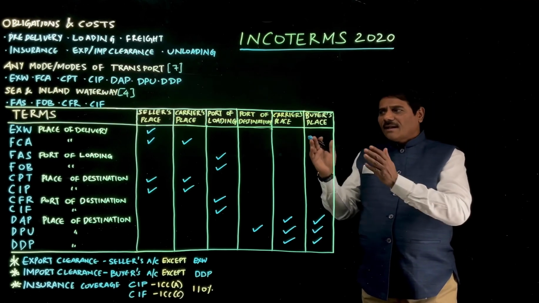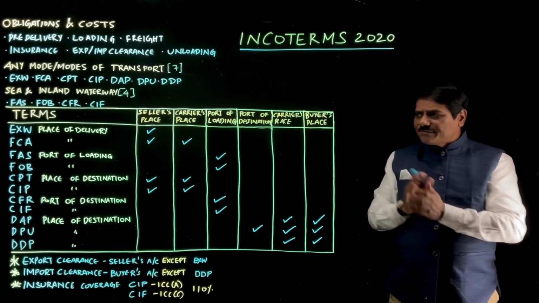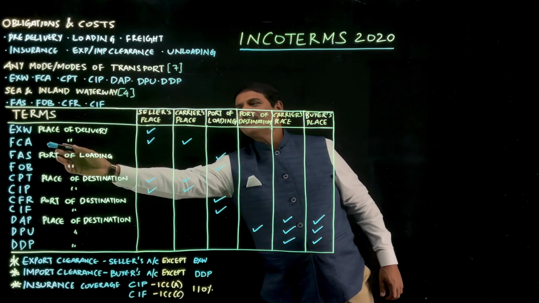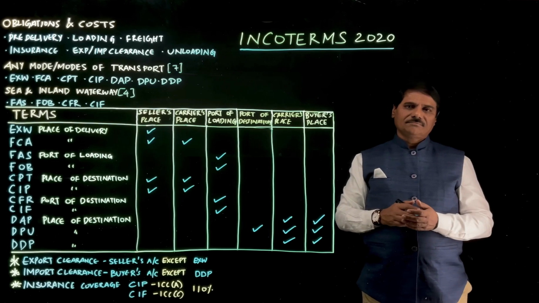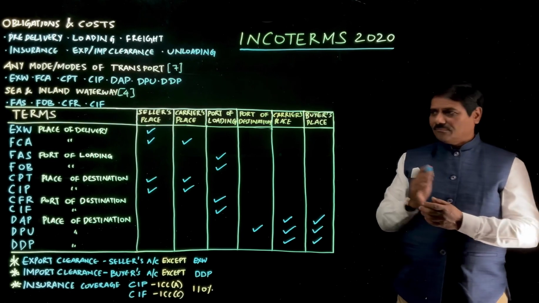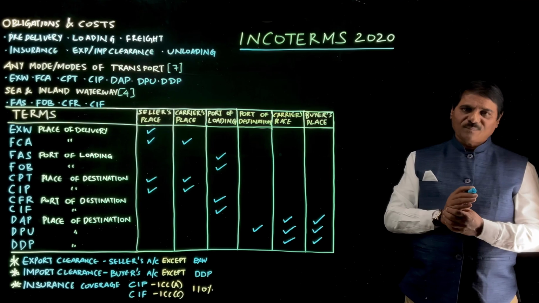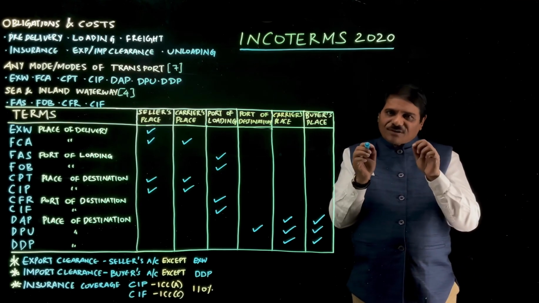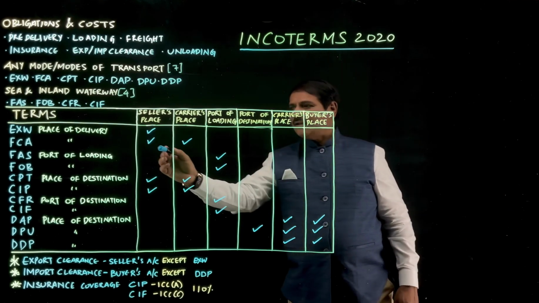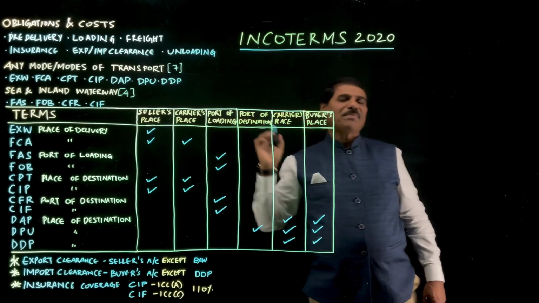So now let us understand FCA. FCA means free carrier. Again, you have to insert the place of delivery. FCA, free carrier. You have to insert the place of delivery. This place of delivery can be either the seller's place or the carrier's place.